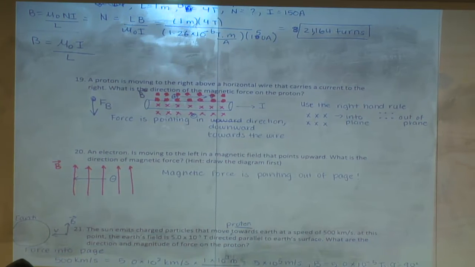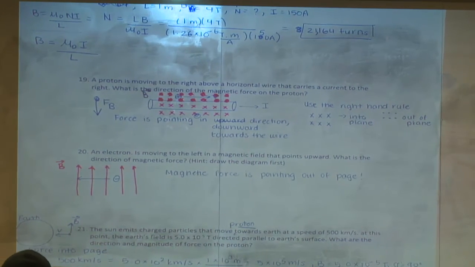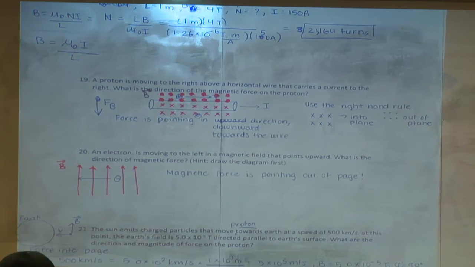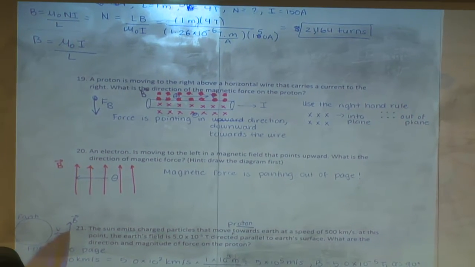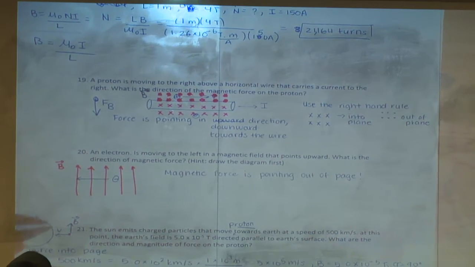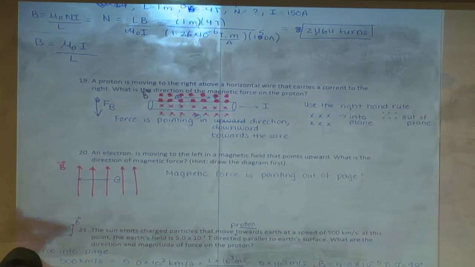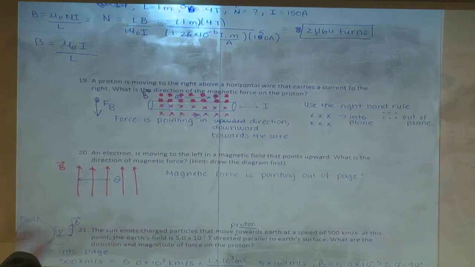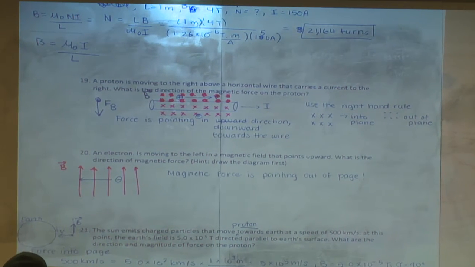And so here we know that the magnetic field is moving parallel to the Earth's surface, right? So if the Earth's surface is this way, it's going to move parallel. But the velocity of the particle is approaching towards the Earth.